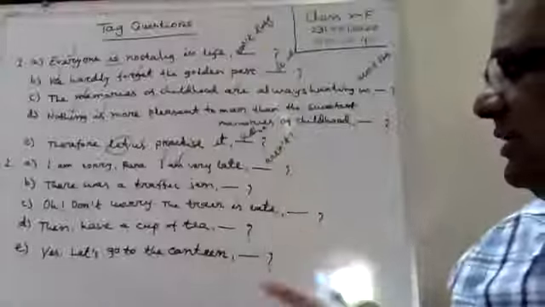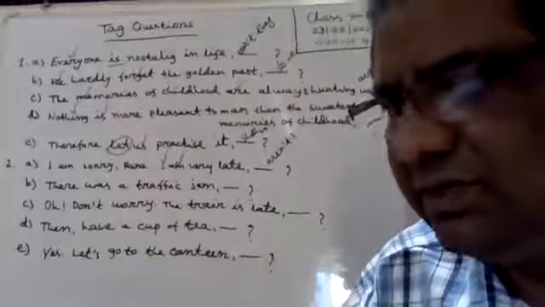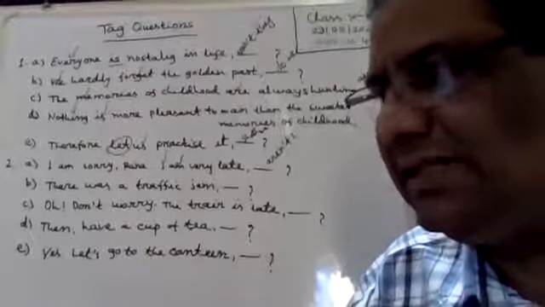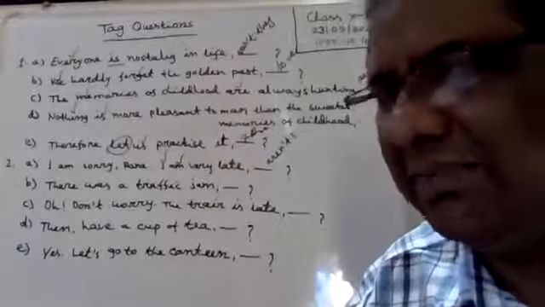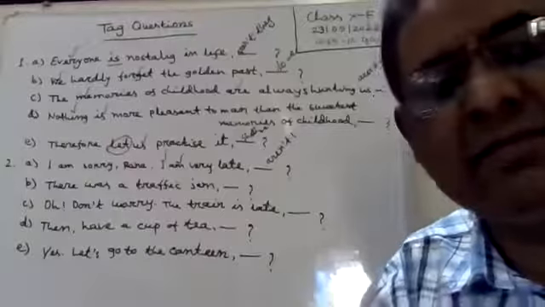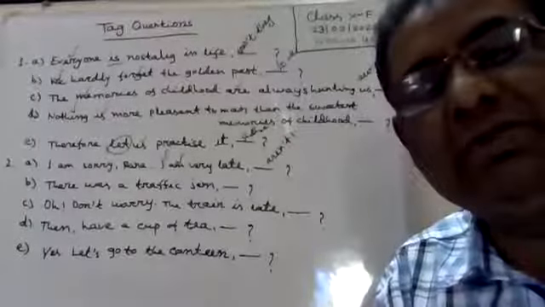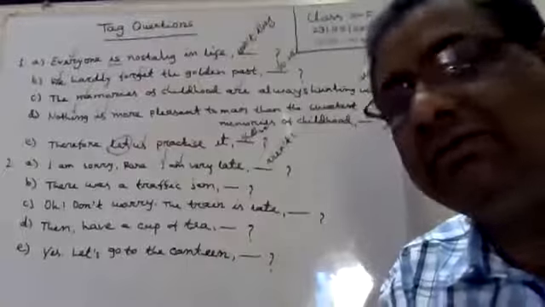So aren't I. This is exceptional, not am I. Are you clear about it? Yet I see some students writing the answer ain't I or am I. Don't write down that. Only write down aren't I. Clear about that? Yes, sir. Okay. Don't be confused. Though sometimes you'll be puzzled why I am using this, but use this.